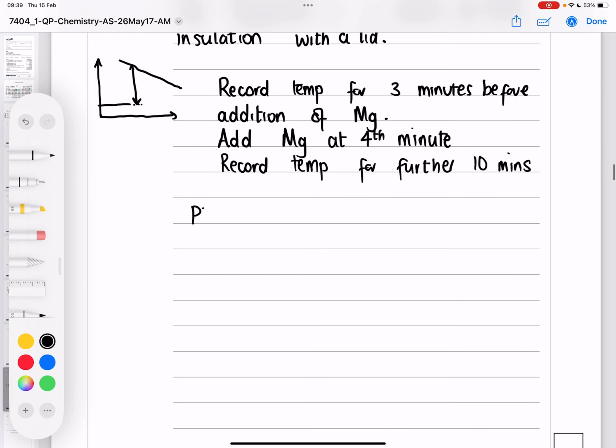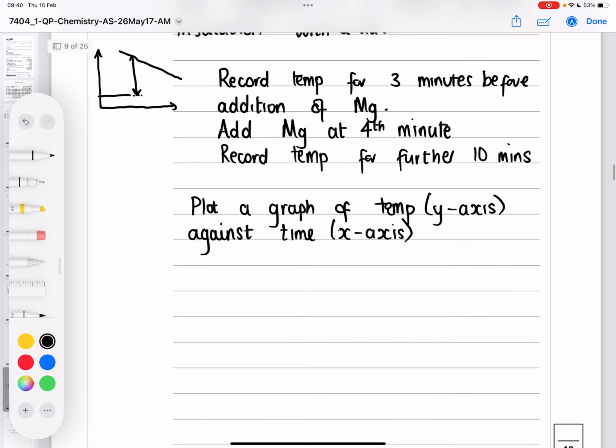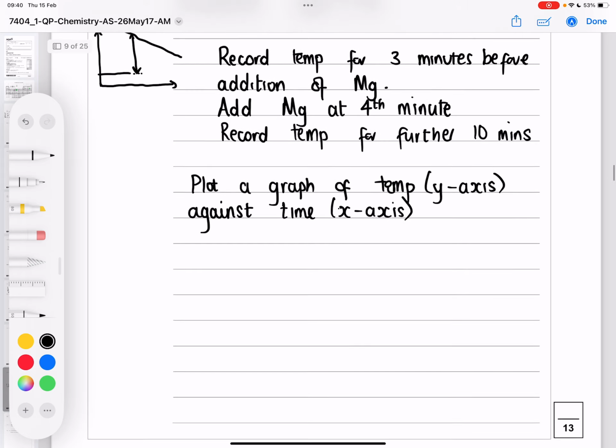And then you could plot these points of temperature on the y-axis, because that was the thing that was dependent on your time that you were measuring. Okay, so we were changing the time and measuring the temperature. Yep, so we could plot a graph of temperature against time.